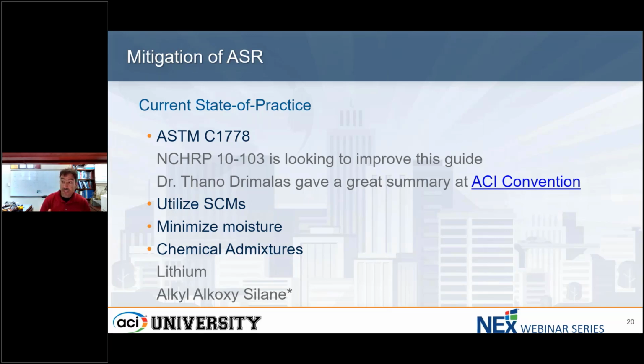But in general, if we're trying to mitigate ASR with state of practice techniques, we're going to utilize SCMs, and we're going to try and minimize that moisture. We might seal the concrete after construction.